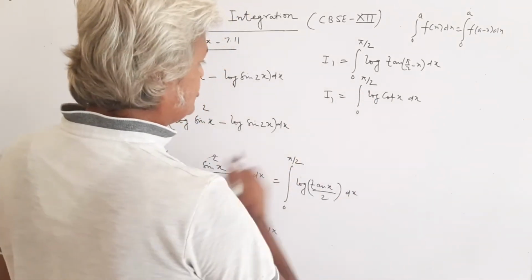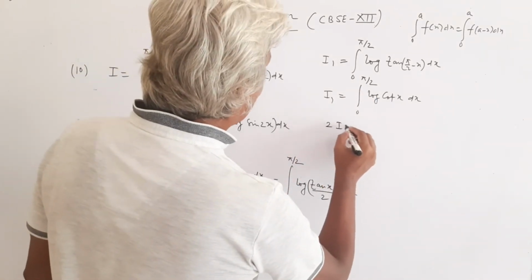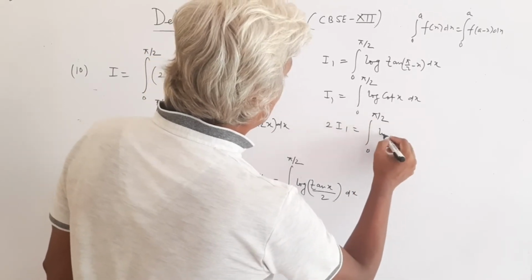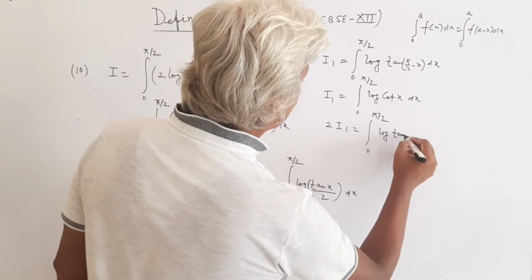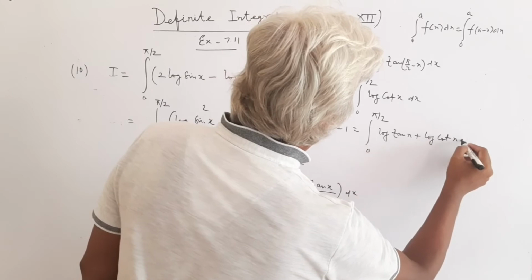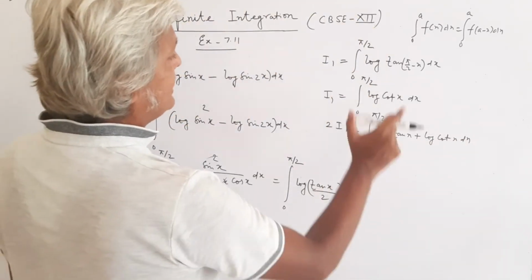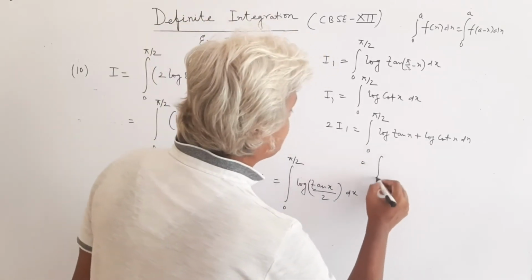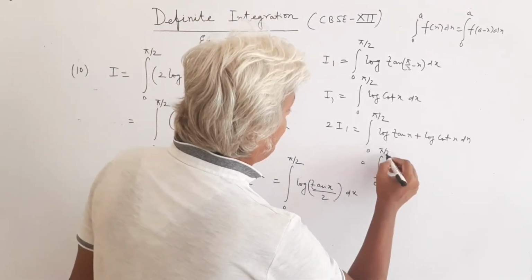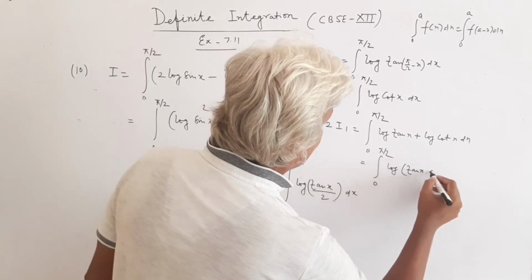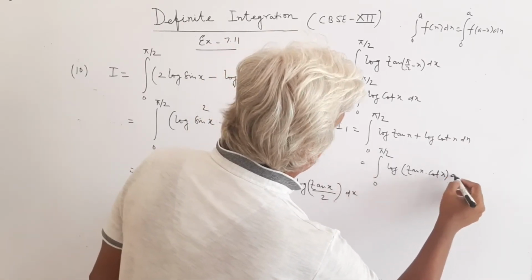If you add these two, you get 2 I1 is integral from 0 to pi by 2 of log tan x plus log cot x dx. Now you know again that log m plus log n is log mn. So we can write this as integral from 0 to pi by 2 of log (tan x cot x) dx.